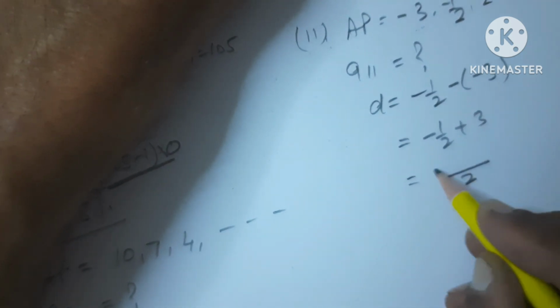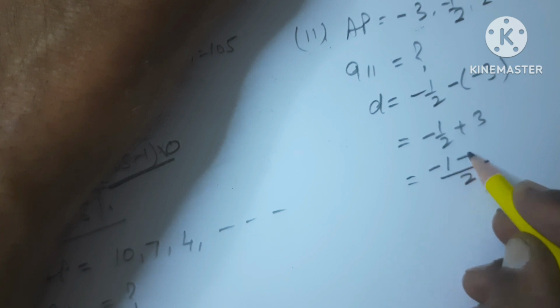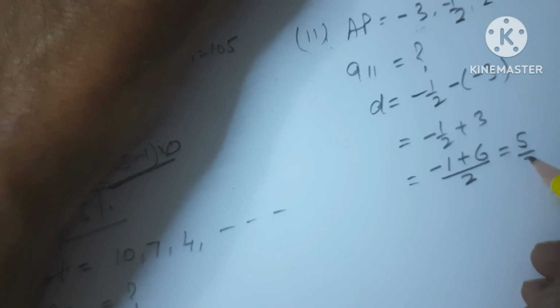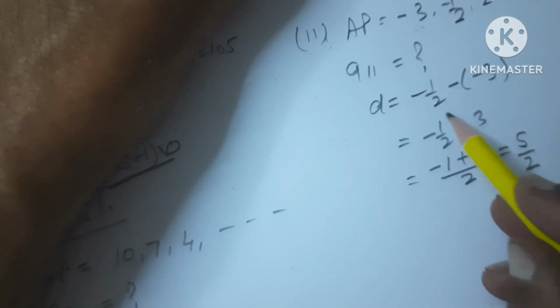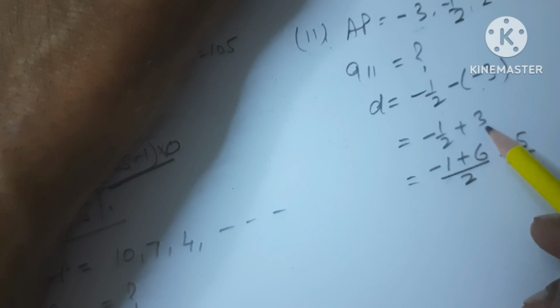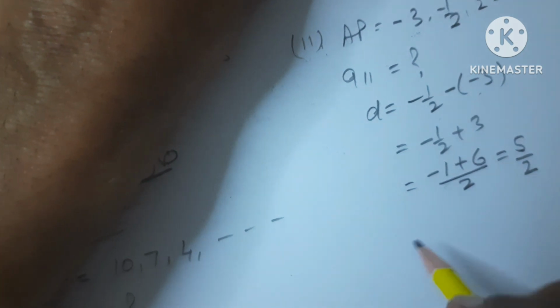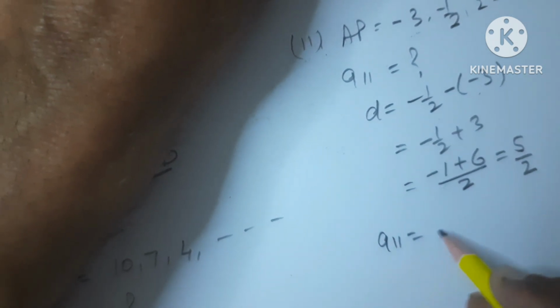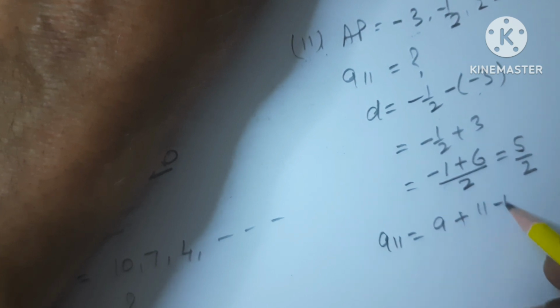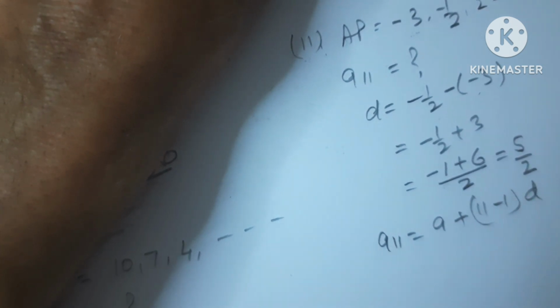LCM is 2, minus 1 plus 6, which is equal to 5 by 2. So a11 means a plus 11 minus 1 into d.